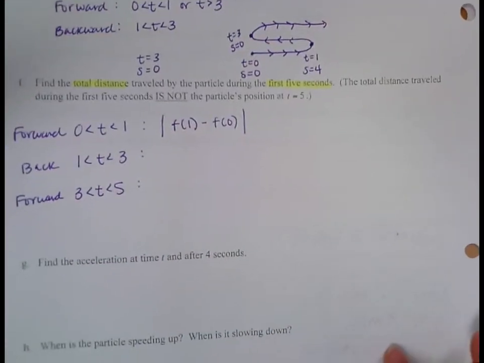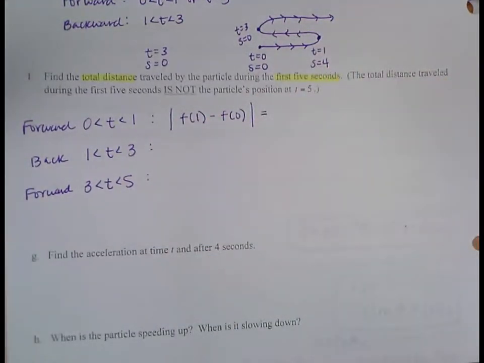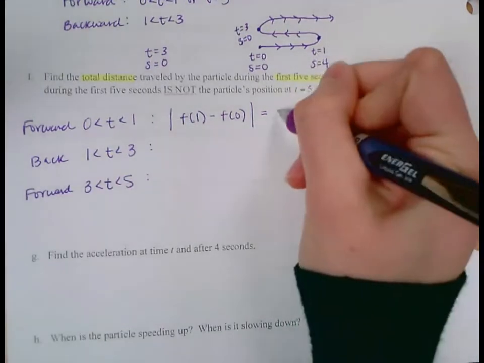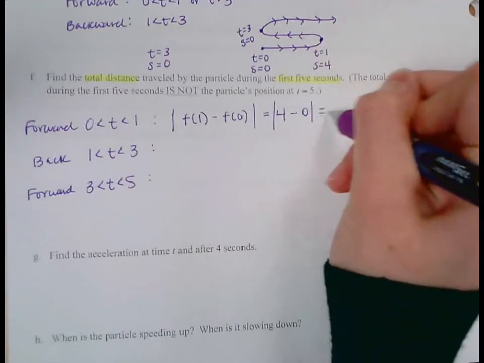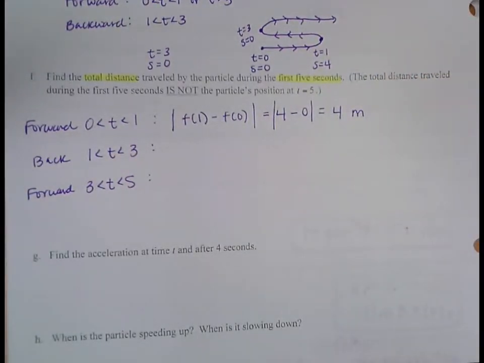Negative would just mean it's moving backwards. So f of 1, we had that from above, that was 4. And then at 0, that was 0. So that total distance in the first second was 4 meters.